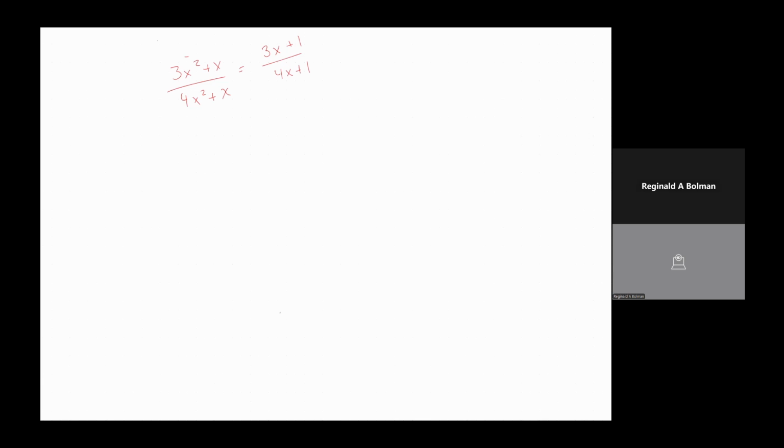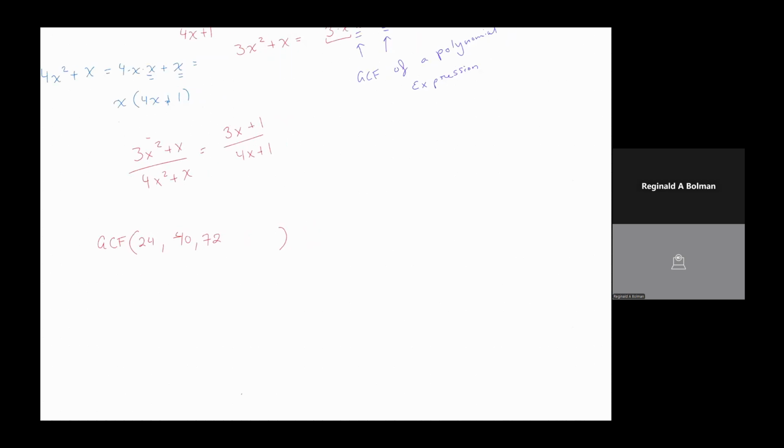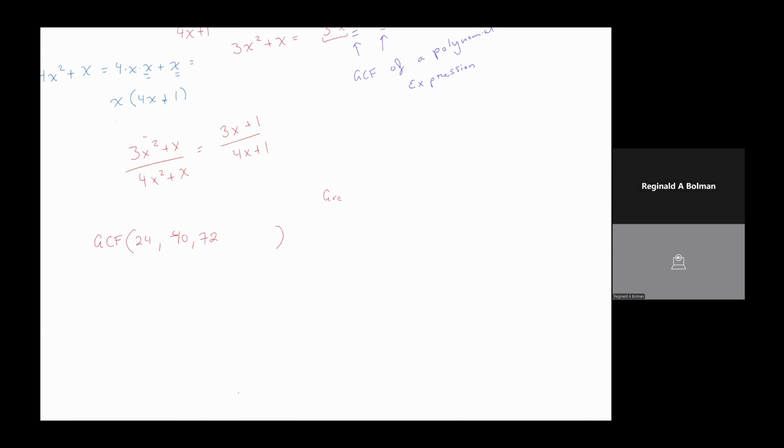So say you want to find the GCF of three numbers, say 24, 40, and 72. First of all, the question is, what is a GCF? GCF stands for greatest common factor, which we learned in Math 900.